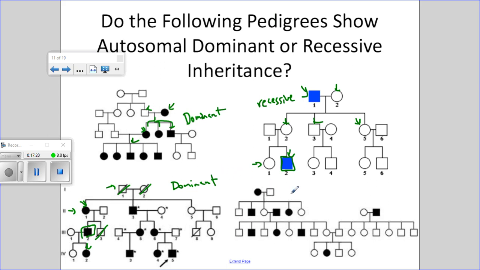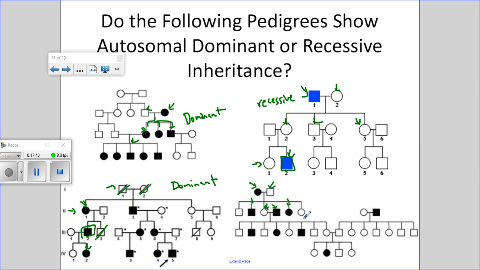In the last example, here we have an affected female having children with an unaffected male, and they have two children that are affected, and this unaffected female has children with an affected male.